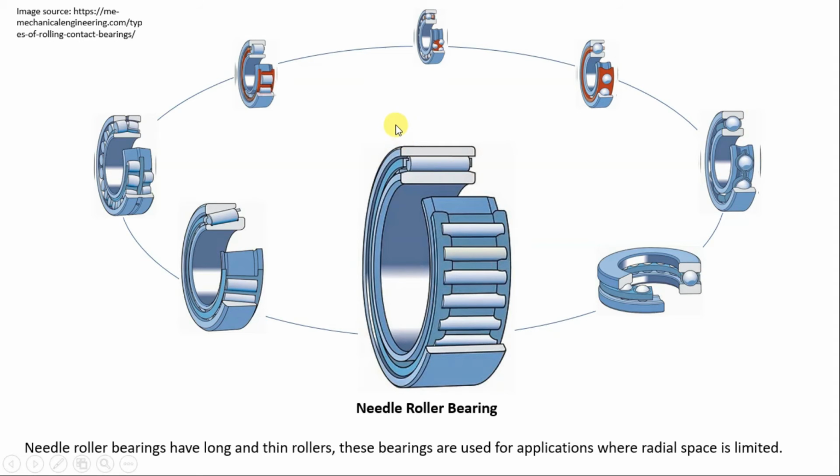So whenever there is a lower amount of radial space available, then we have to use a needle roller bearing. Now these bearings have long and thin rollers. These bearings are used for applications where radial space is limited.